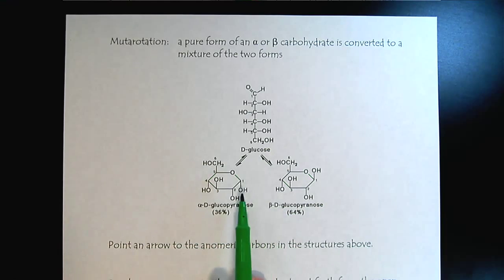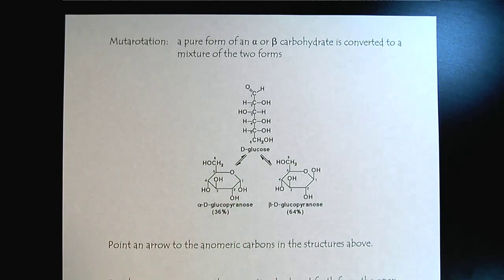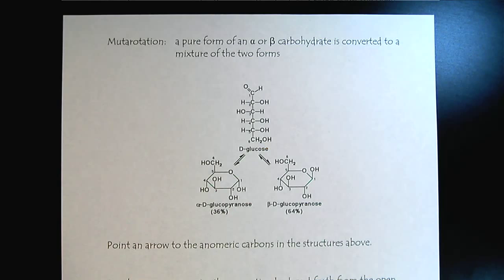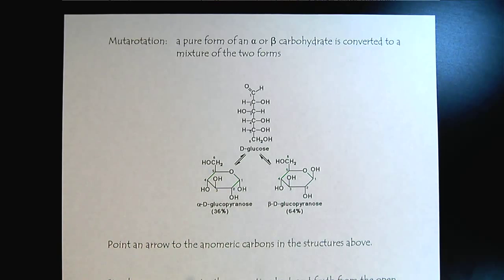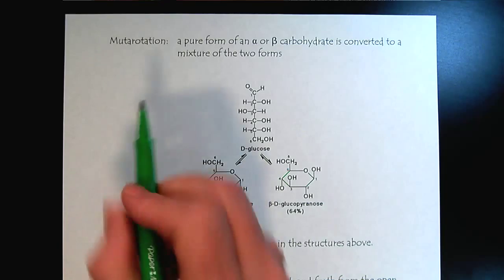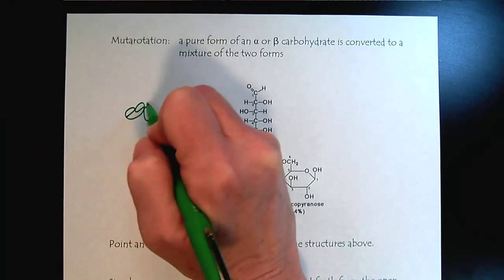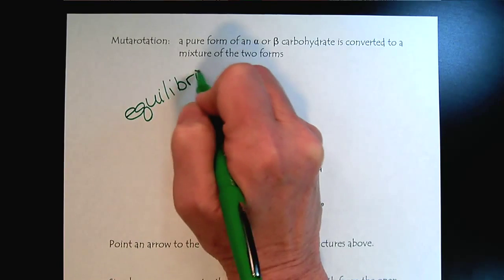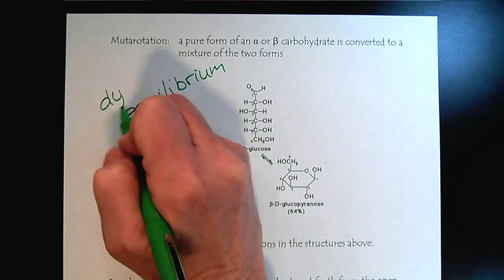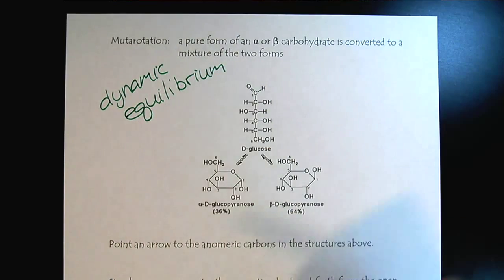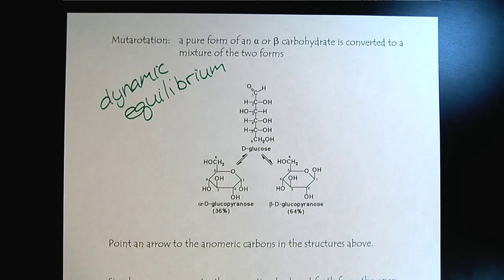My guess would be it keeps these 2 hydroxyl groups away from each other where there's some electrostatic repulsion. But anyway, the main thing to know is that if you go into the lab and you have a pure sample of one of the anomers and we mix it with water, within an hour we have a mixture of all 3. Right? So just remember that this is an equilibrium process. And we like to use the word dynamic equilibrium. So this opening and closing, it's like giant jaws.